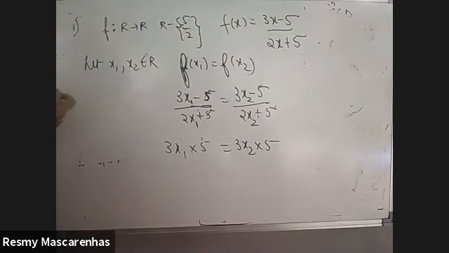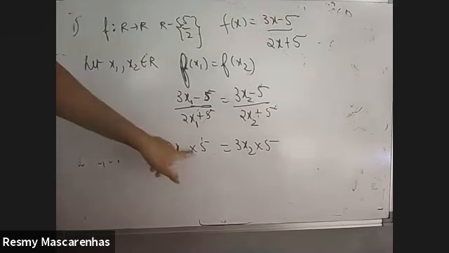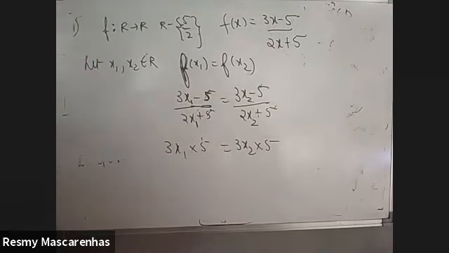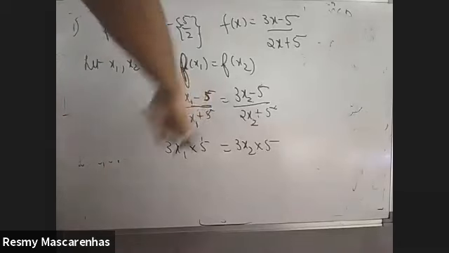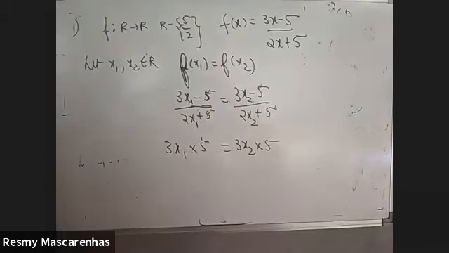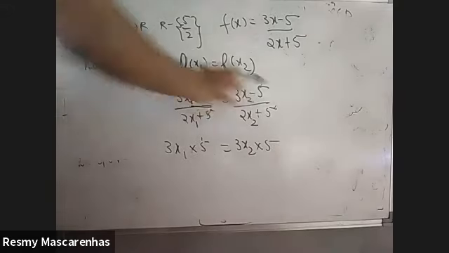It is like 10 minus 5 is equal to 15 minus 5. You cannot cancel 5 and 5 like this. Only if there's a multiplication sign can you cancel. So never cancel this directly. You will get 0 if you do it by this method and then show that x1 is equal to x2.